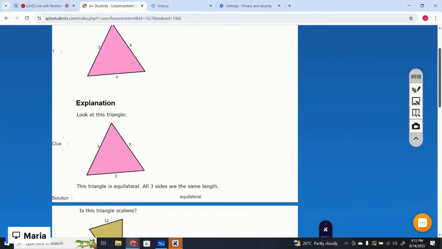If all the side lengths of the triangle are exactly the same, then the triangle is an equilateral triangle. Okay, let's just start with the questions.